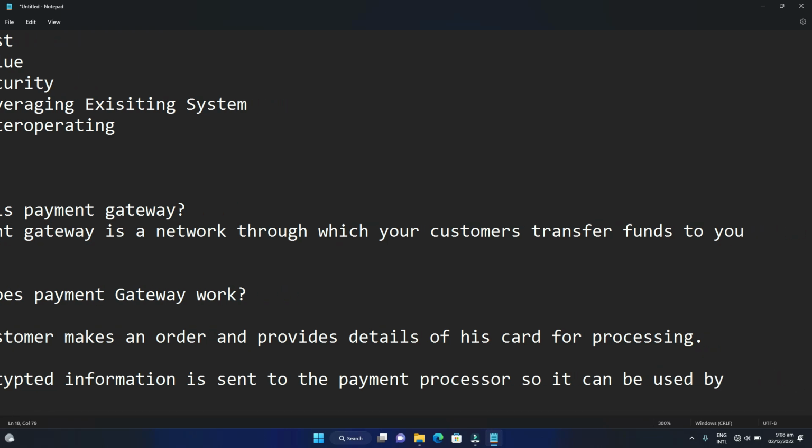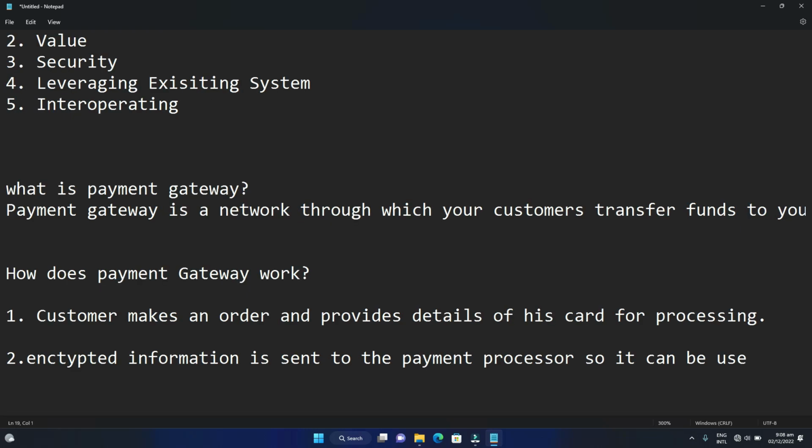Let me go to the next line so that you'll be able to see everything.